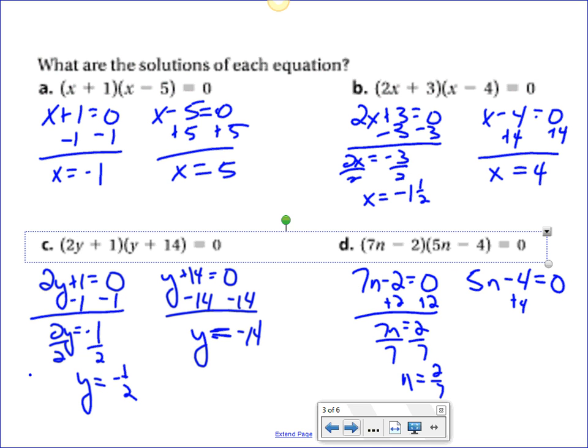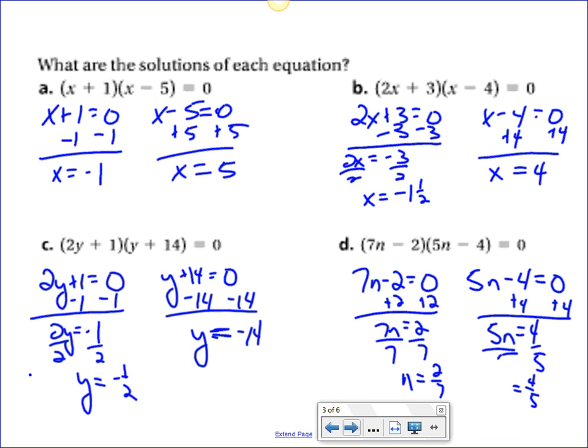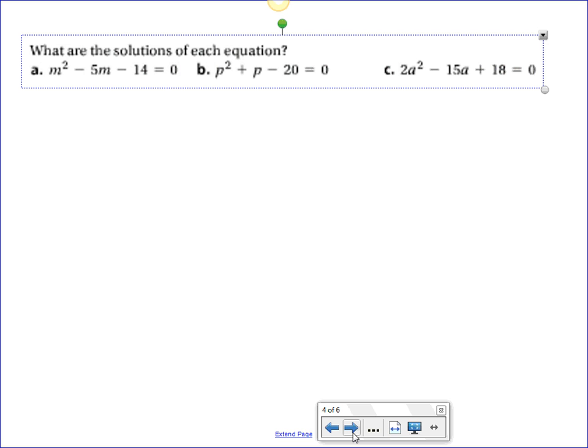If I add 4 here, I get 5n is equal to 4, and then divide by the 5, and you get n is equal to 4/5. Okay, very good.